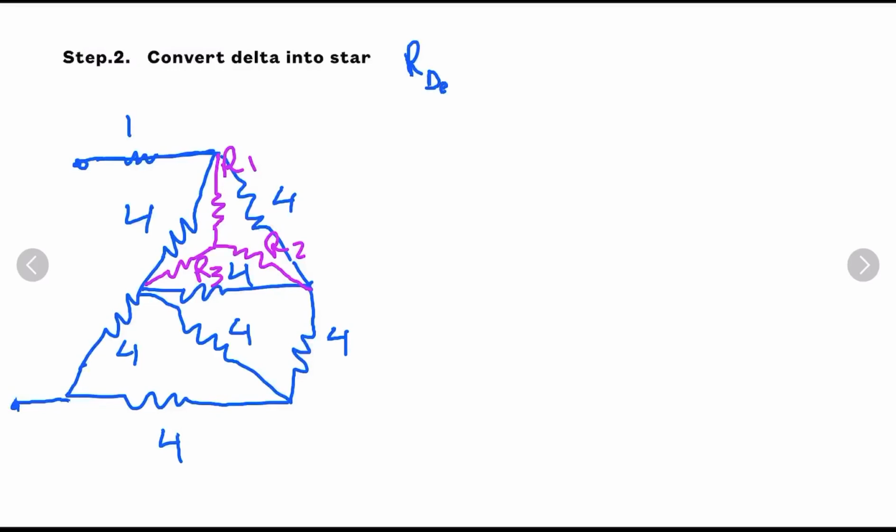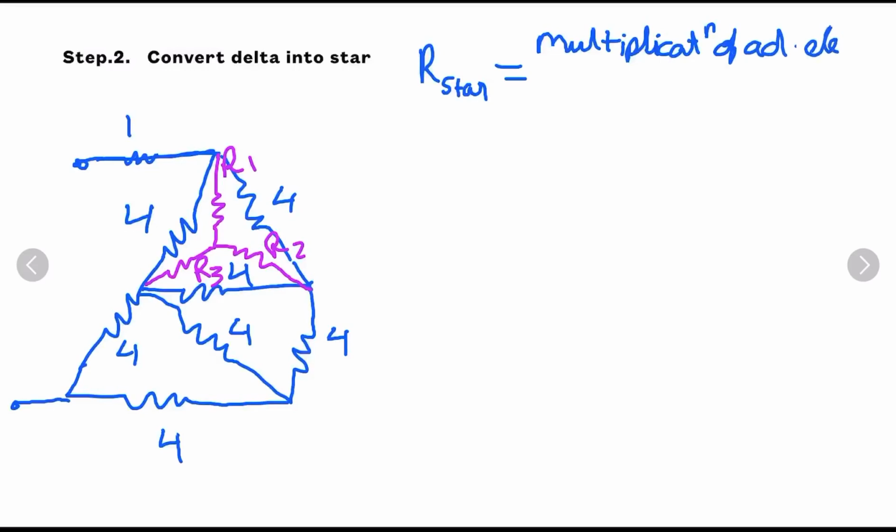For delta, here we are doing delta to star, so we will calculate the star resistance, that is nothing but multiplication of adjacent elements divided by addition of all elements.